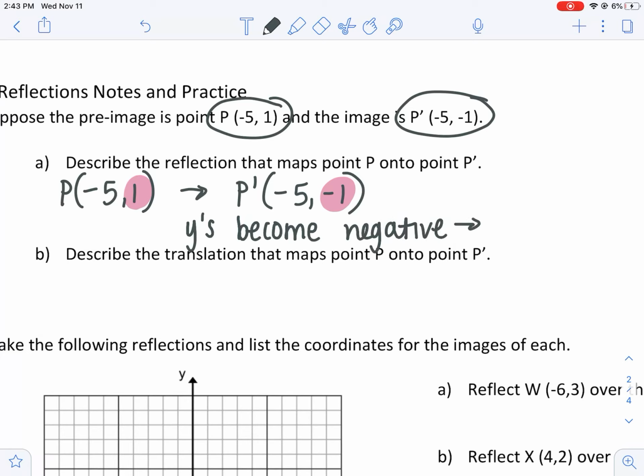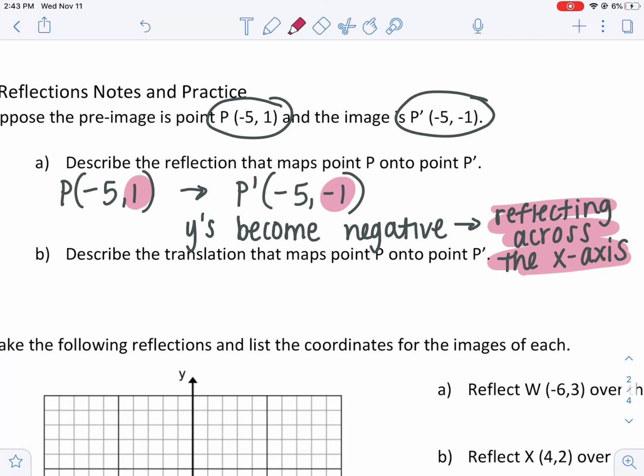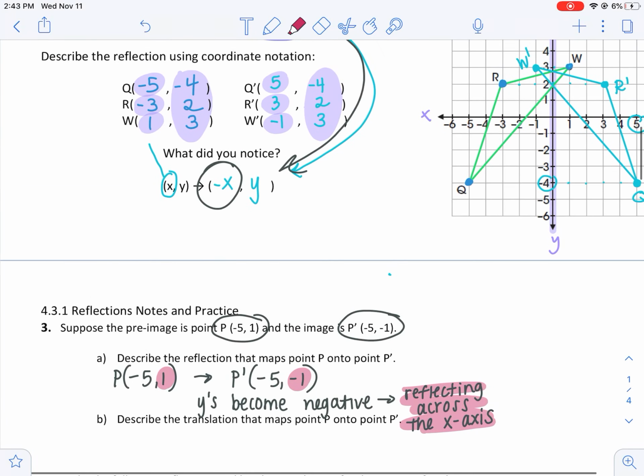This tells me that we are reflecting across the x-axis, okay?